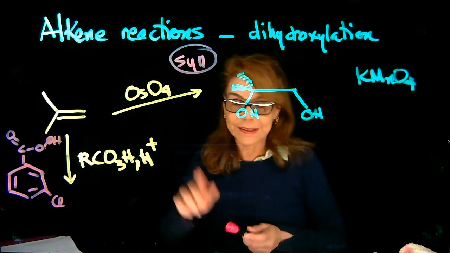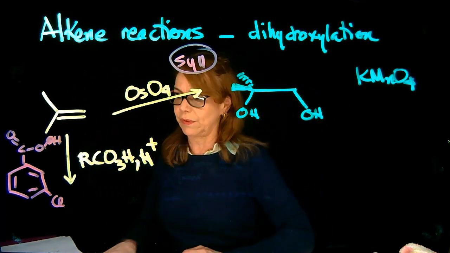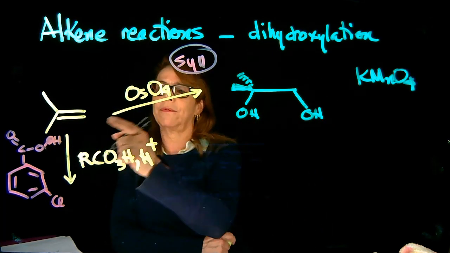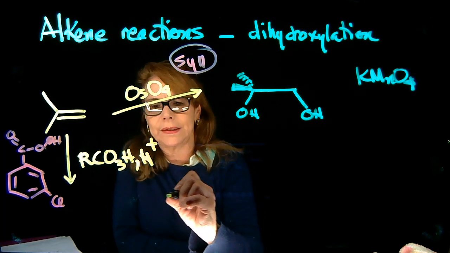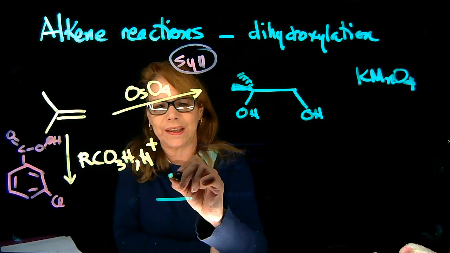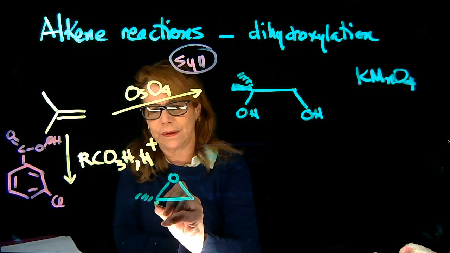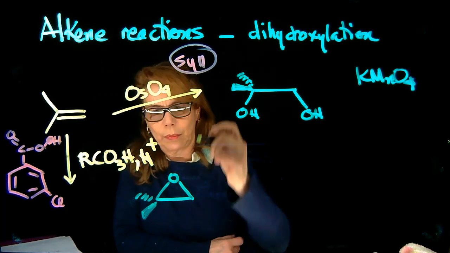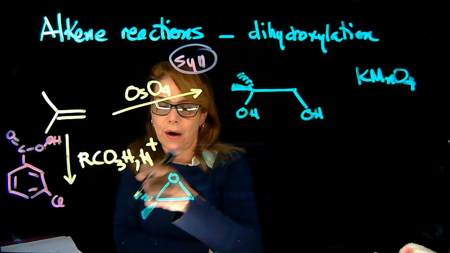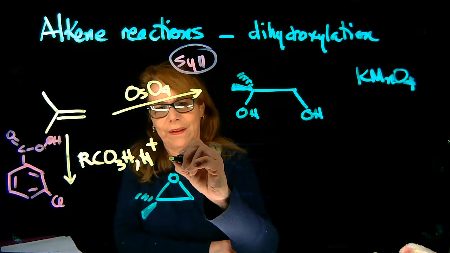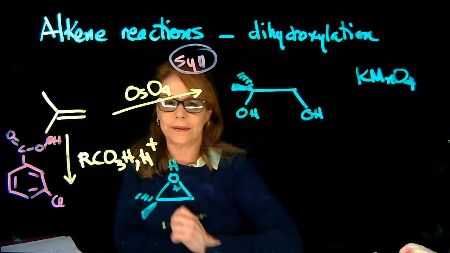What is important here, in contrast with the other reaction, is that this reaction goes through an epoxide intermediate. So you have an oxygen that is being inserted in the double bond. And because we are under acidic condition, you form a protonated epoxide.